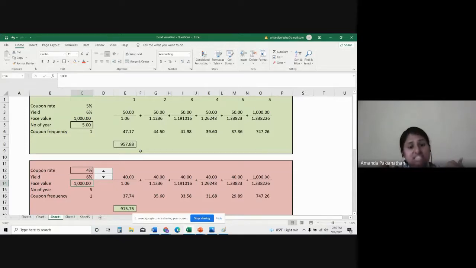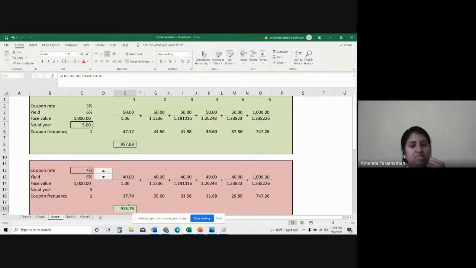So in such a scenario, to compensate for the balance of the expected rate of return, the issuer will have to issue the bond at a discount price. Can you see, face value is 1000, but the actual value of the bond has to be lower. Why?